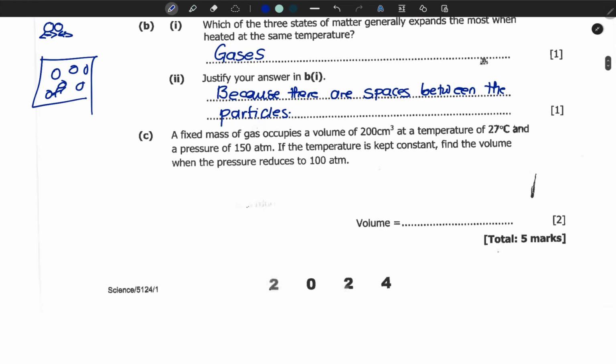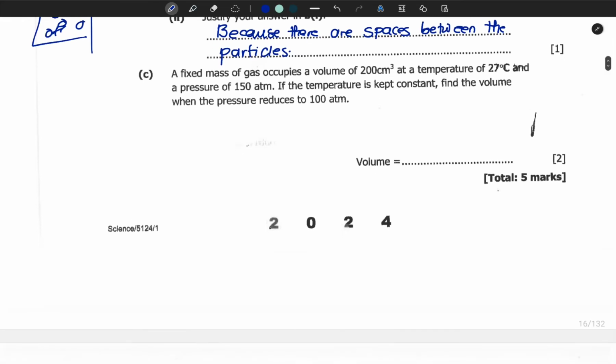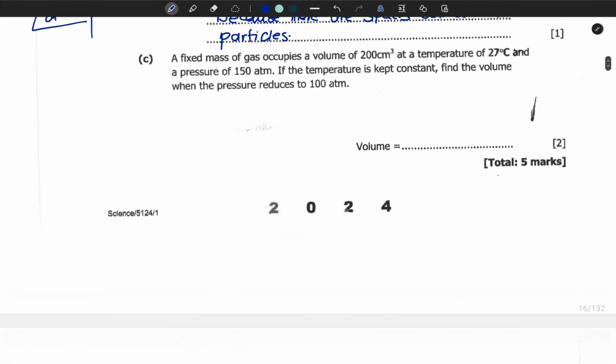Then we have question C under the gas laws. A fixed mass of gas occupies a volume of 200 cubic centimeters at a temperature of 27 degrees Celsius and a pressure of 150 atm.